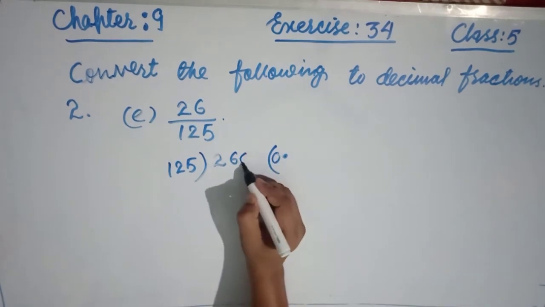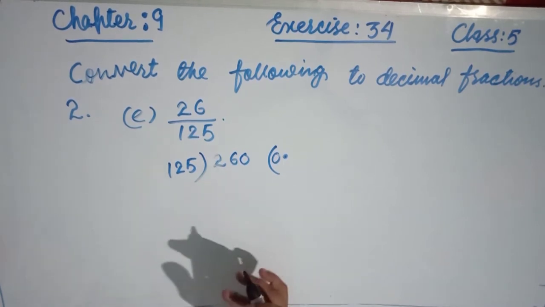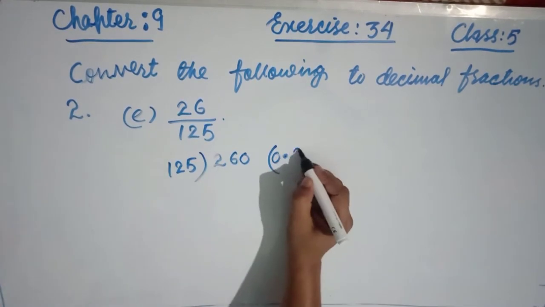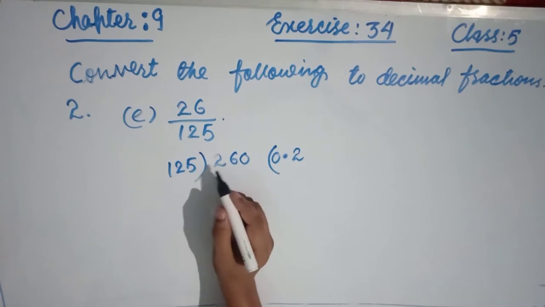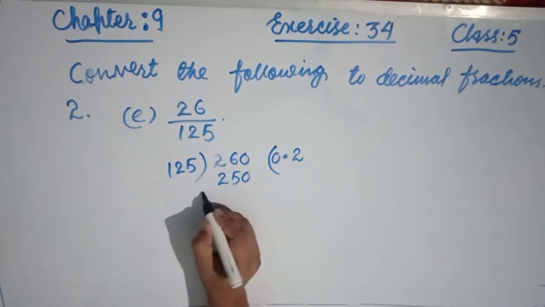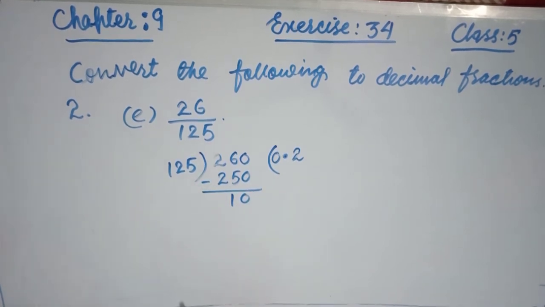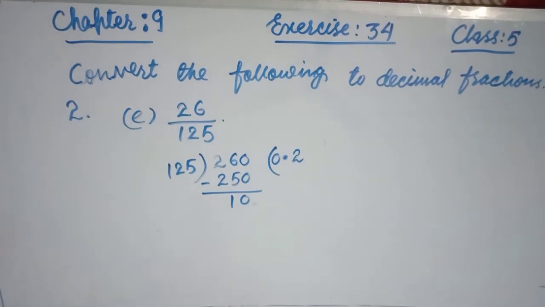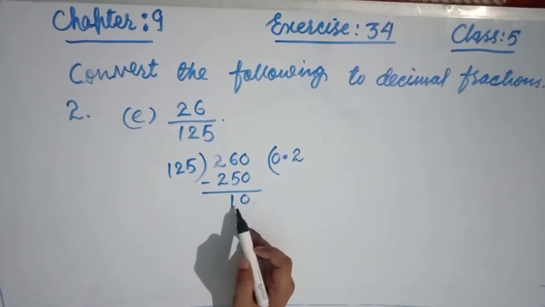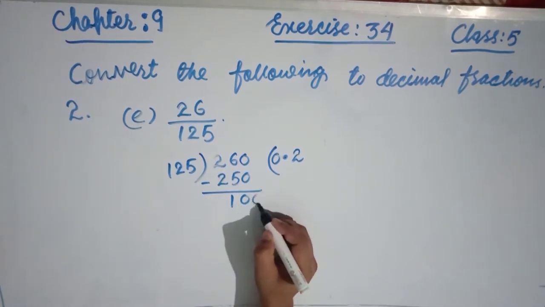Now place the 0. Now friends, apply this: 125 is how many times? This is 2 times. 125 two times means 250. 250 friends. Okay, subtract. After subtracting here is 10. So now place the 0 here.